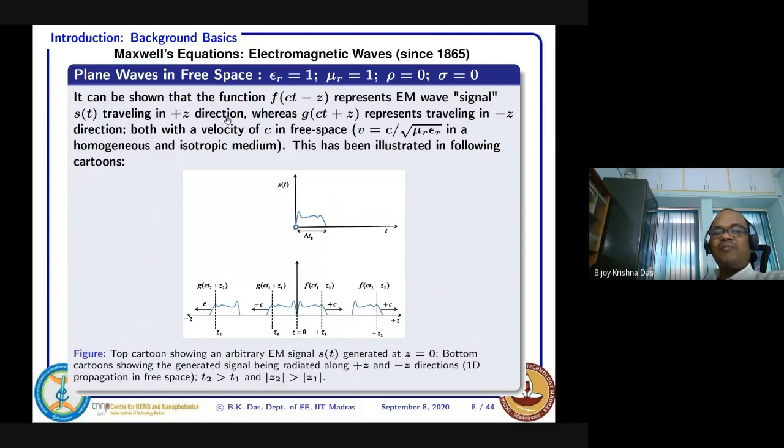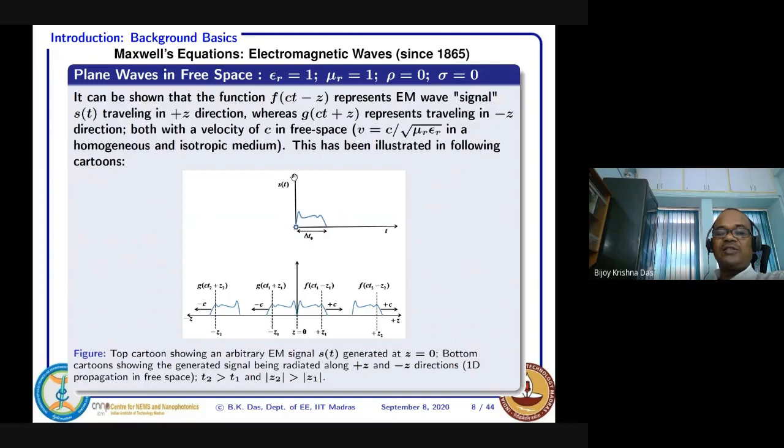It can be shown that this function represents an electromagnetic wave, because the ct minus z function is involved in both electric and magnetic fields. We can call it a signal f traveling in the positive z direction, whereas g(ct plus z) represents a signal traveling in the minus z direction, both with velocity c in free space. In a material or homogeneous medium, you consider v instead.